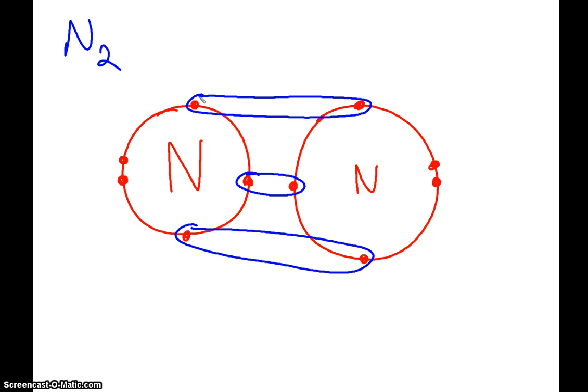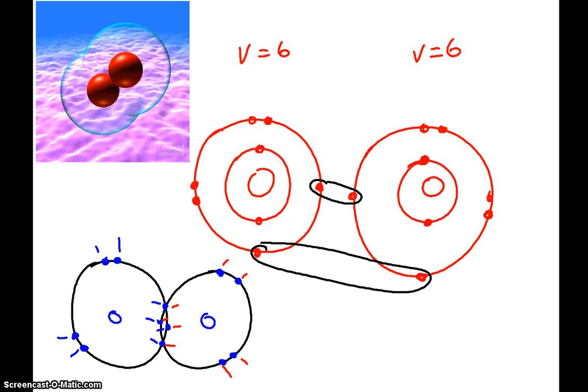So if we were to draw nitrogen in its diatomic form, there would be a triple bond and a lone pair on each nitrogen. If I go back for just a second to oxygen, what kind of bond formed here? Well, we're sharing 2 pairs, so oxygen will be a double bond with 2 lone pairs each.